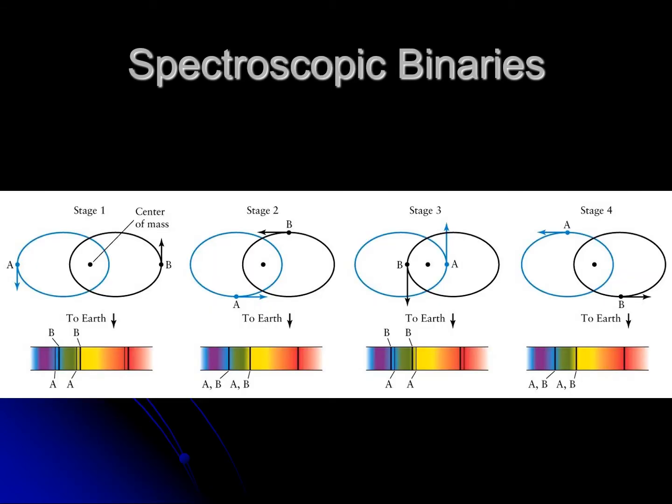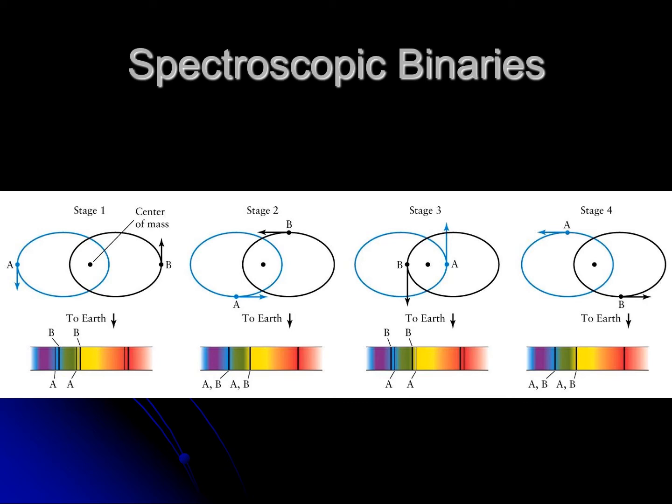So this is what we call a spectrum binary. There are also spectroscopic binaries. The name is very similar, but the way you know this is happening is different. Remember, the two stars are orbiting, both going around the center of mass between the two. So when one star is over here, the other star is over there.